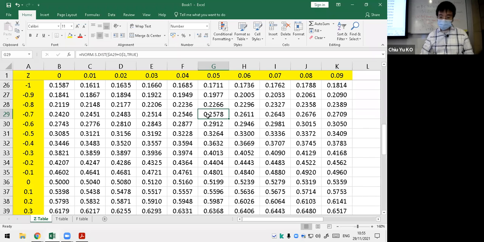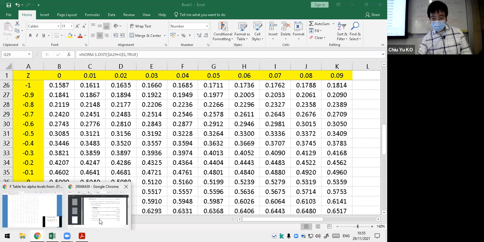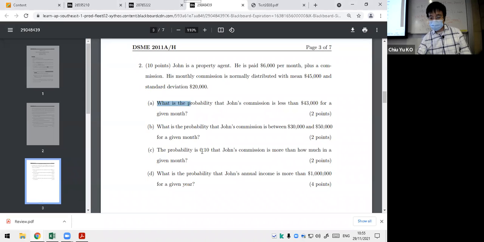The next question will be 10% more than how much in a given month. Okay? So the question is the following. It's asking about commission, so it's easy.